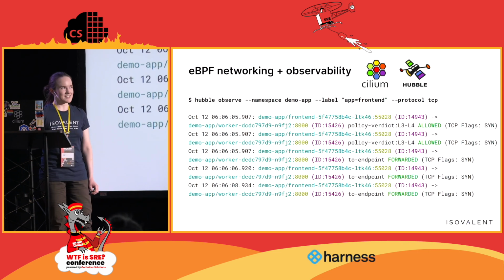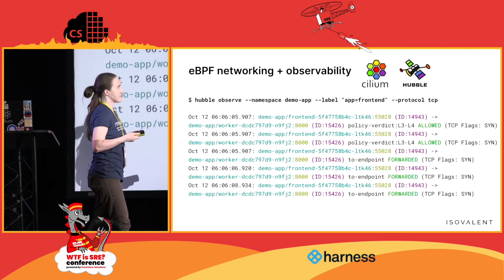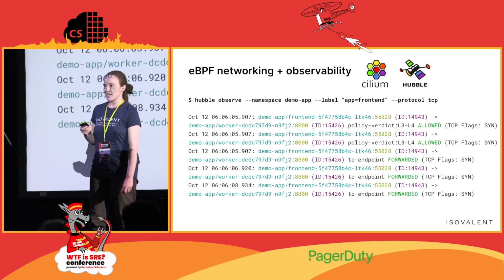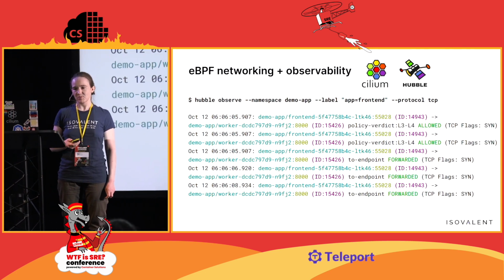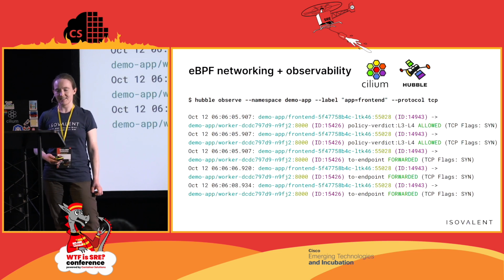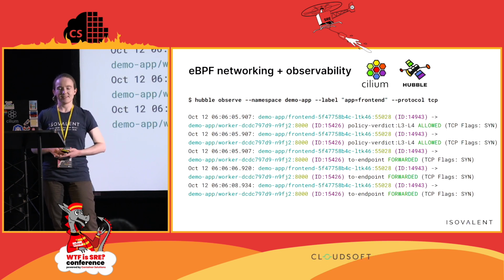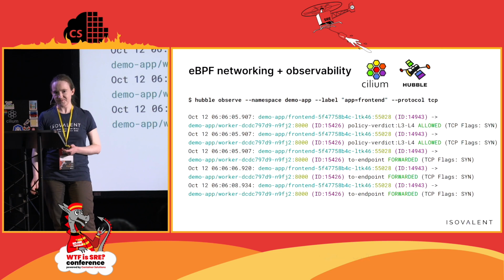So Cilium has this visibility layer called Hubble. Hubble is processing data produced by eBPF injected by Cilium and exposing it to the user.